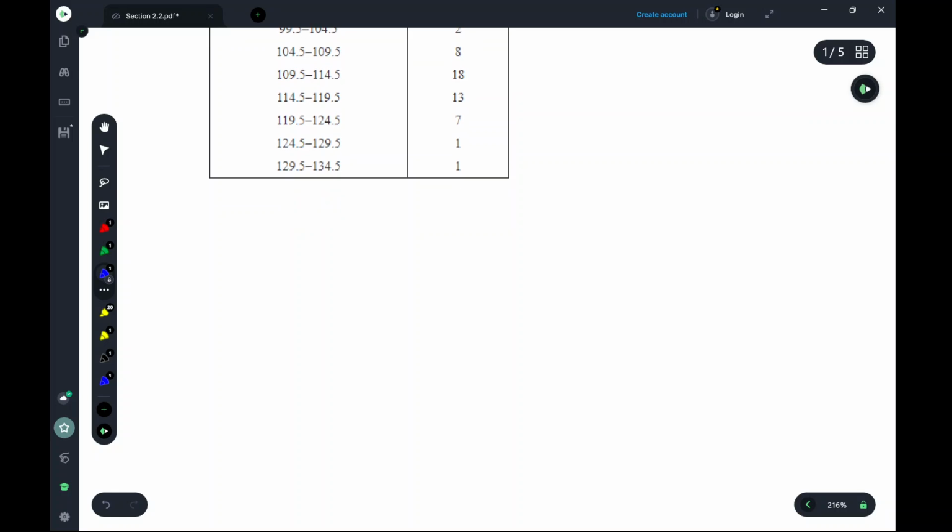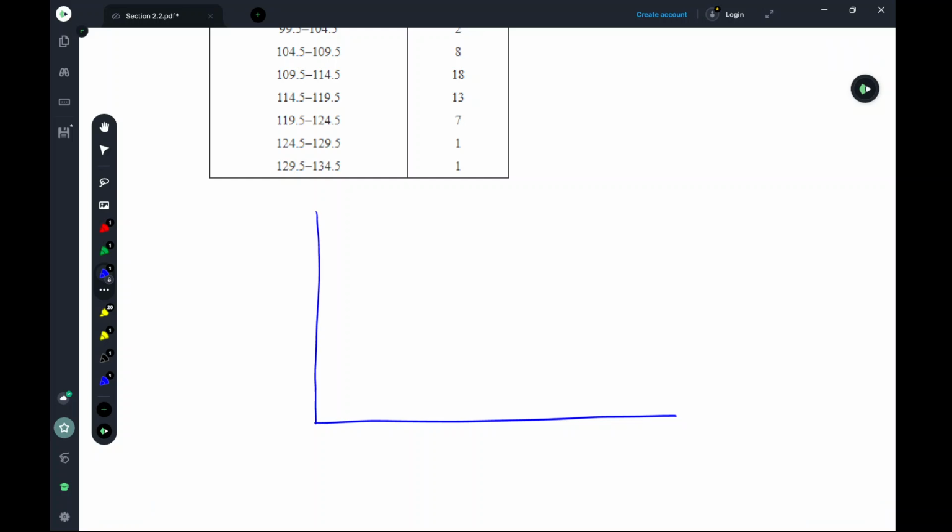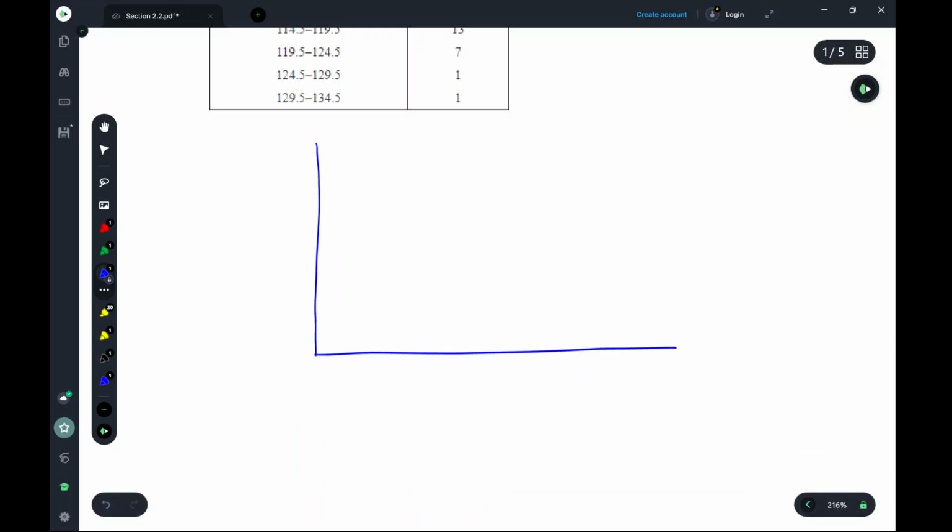In a histogram, we have a vertical and a horizontal axis. The horizontal axis is always our classes. What we're going to find out is they are our class boundaries. Specifically for us, it is going to be temperature in degrees Fahrenheit.